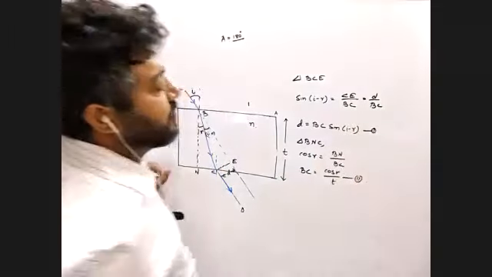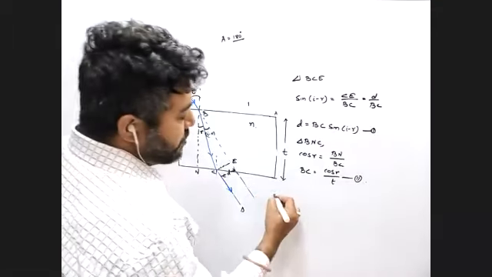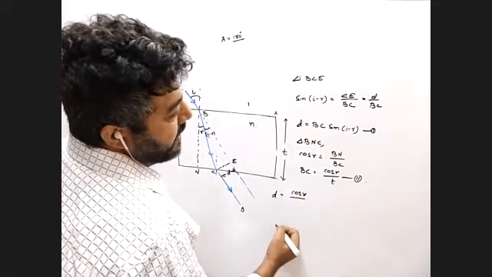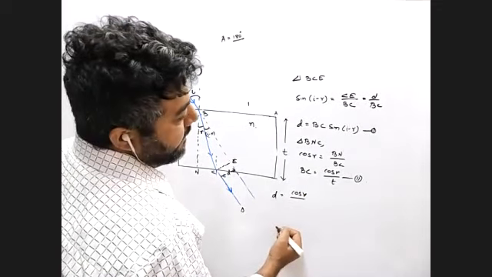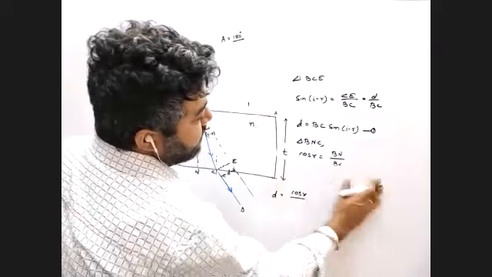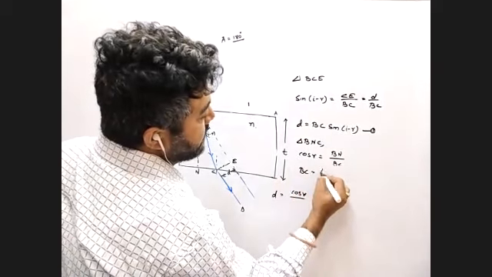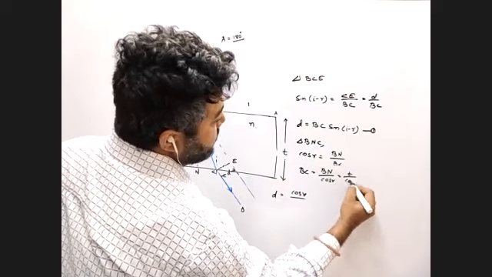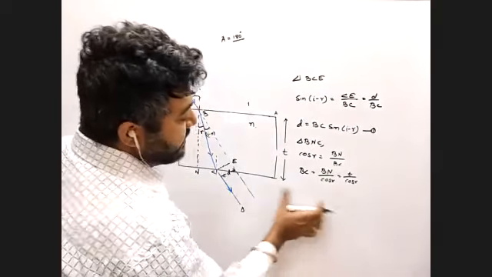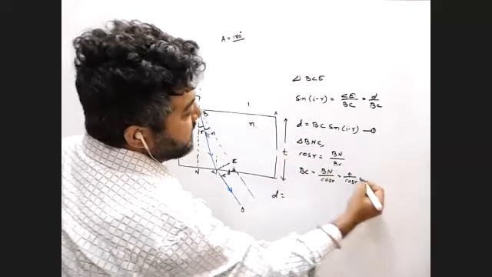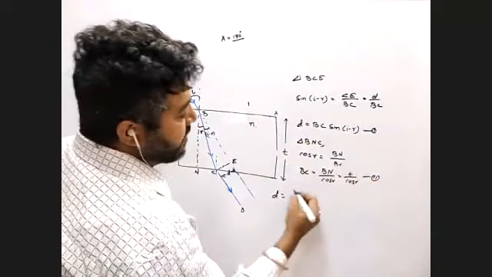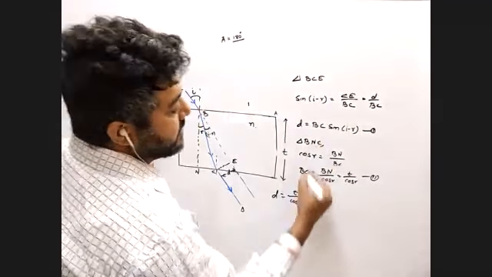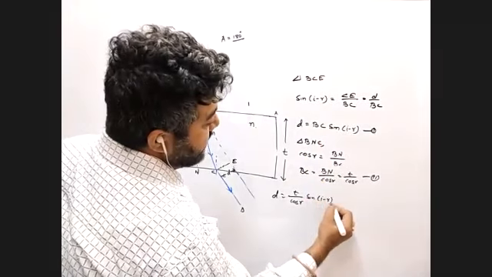So if we put this equation 2 in equation 1, D is equal to, in place of BC, we can write T by cos R, and this one is sine of I minus R.